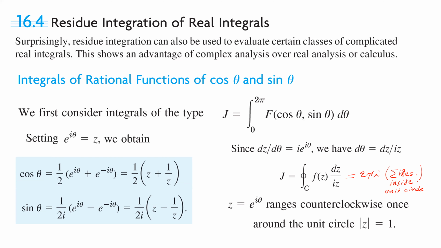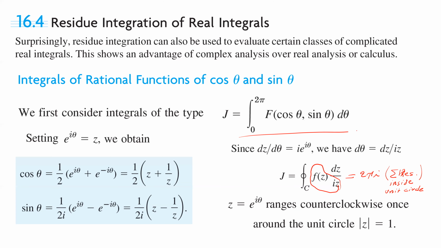So we can calculate all the residues of this function and see which of the poles are inside. We find all the poles, and for the ones inside the unit circle, we find the residues and multiply by 2 pi i, and we get this integral.